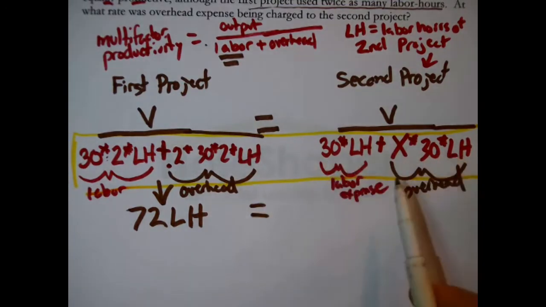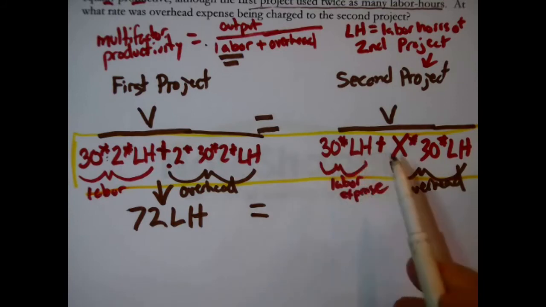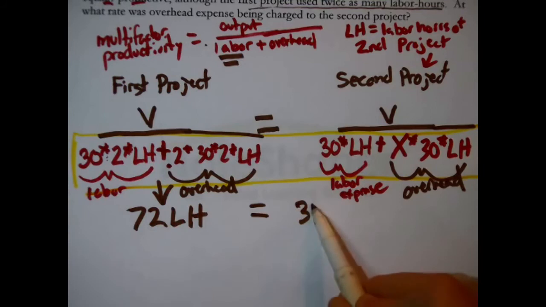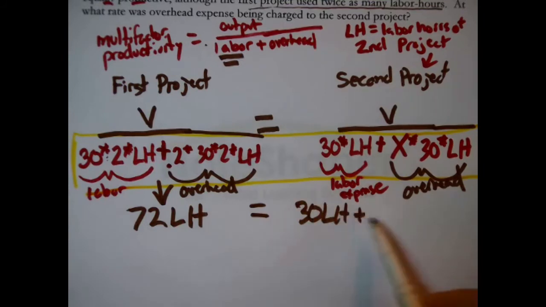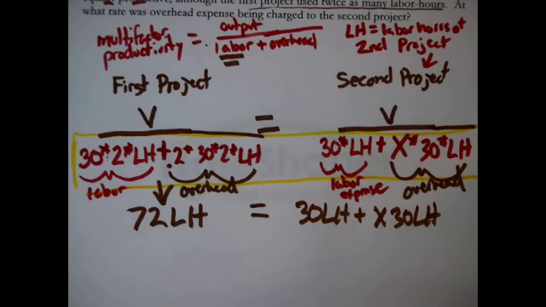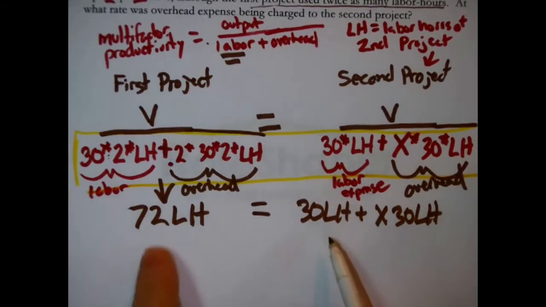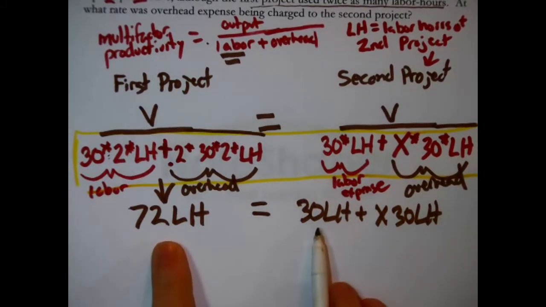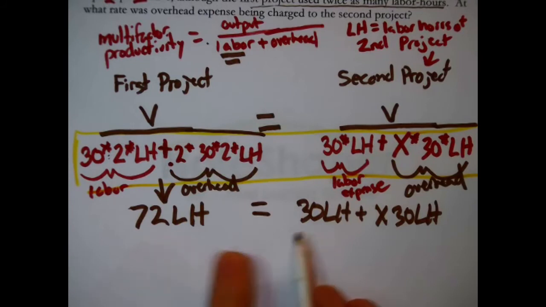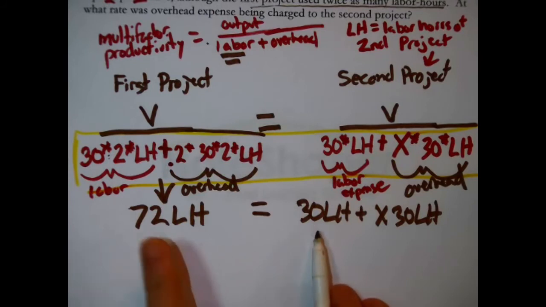This will clean up a little bit, right? Well, 30 LH plus X times 30 LH. Can't really do any collapsing right now. But now I see that at least I can simplify this by consolidating these. I can subtract 30 from both sides.